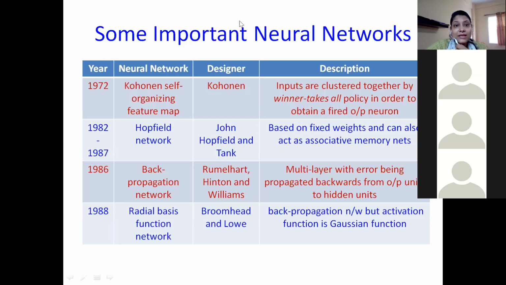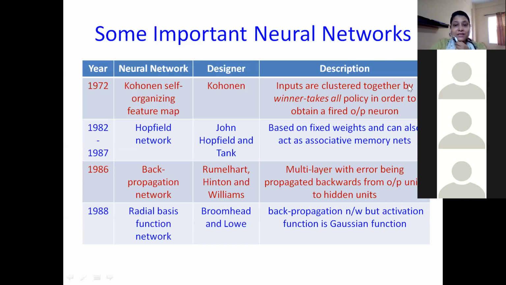It is one kind of neural network where a multi-layer perceptron is used, but we cannot term it a perceptron. Why? Because in a perceptron we have only feed-forward connections.